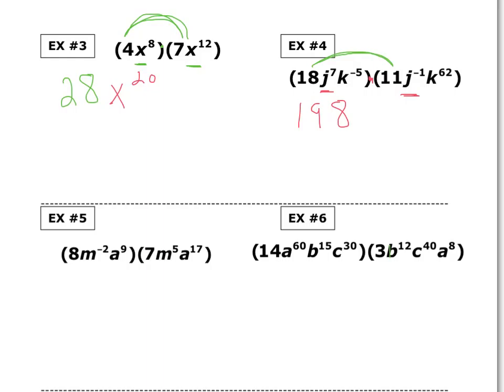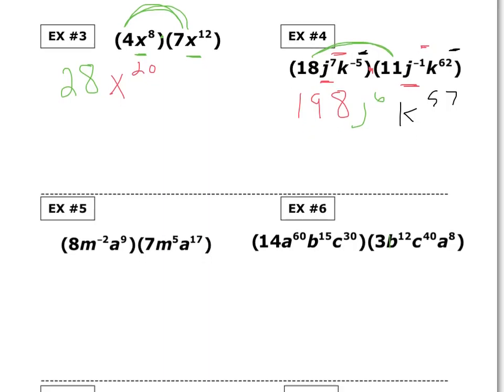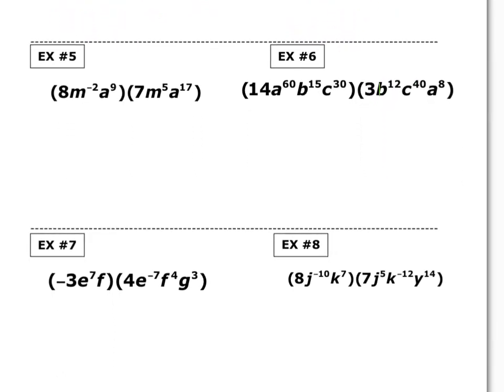So if we take 7 plus -1, that gives us j to the 6th. And if we take -5 plus 62, that gives us k to the 57. All right. Maybe 2 more and we'll call it good.